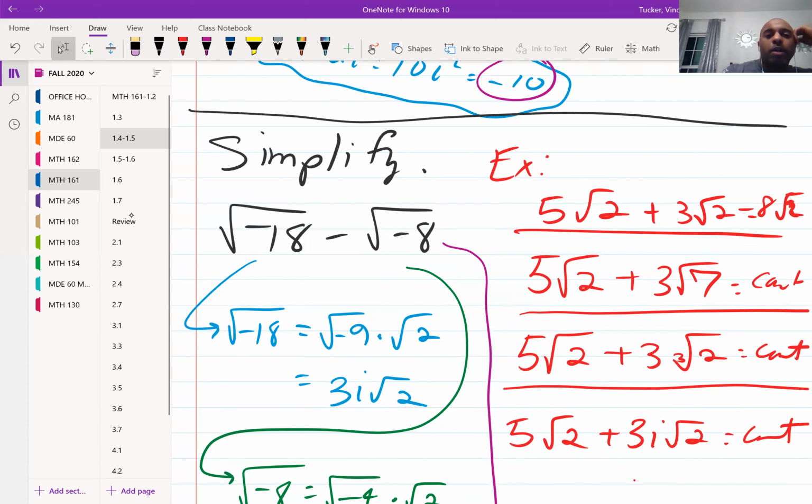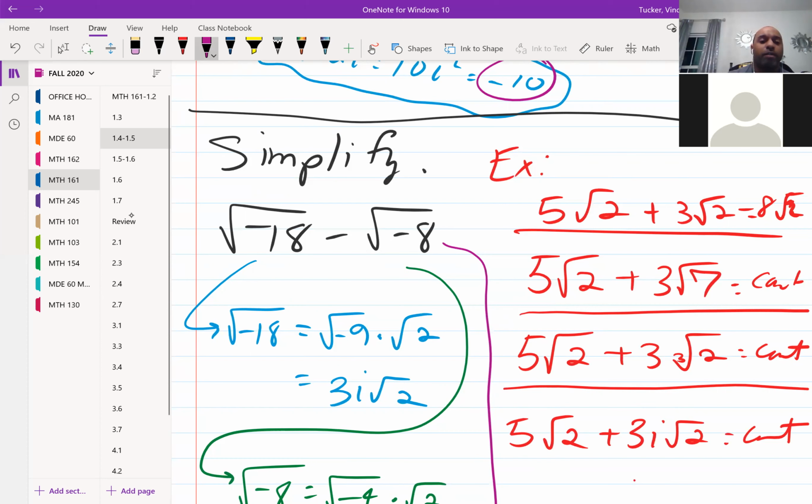All right, questions before we use this in our examples? All right, so here we have the square root of negative 18 minus the square root of negative 8. When you're breaking up a square root of terms that are not perfect squares, remember we talked about that earlier in this section.